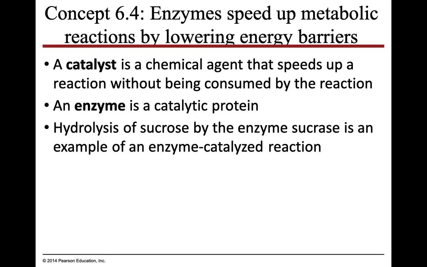So enzymes are a way in which cells can obtain more efficient energy transformations, lowering that delta G, which means that less work is required or more work isn't lost to heat. And it's because enzymes are a catalyst, meaning it's a chemical agent that speeds up reactions, and it doesn't get consumed by the reaction, so the enzyme is reusable time and time again.